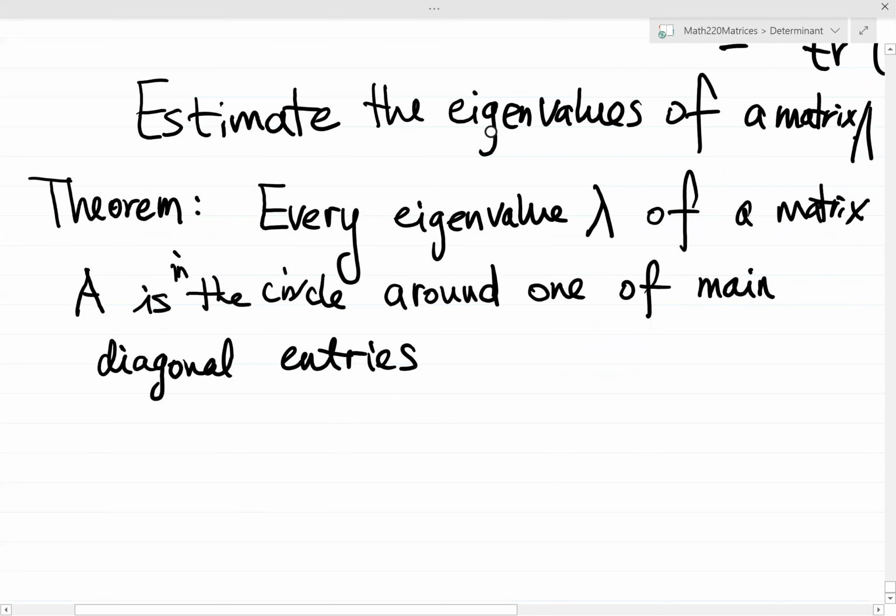So here is the circle: the norm of a_ii minus lambda. Lambda is a variable; be careful, this lambda can be a complex number, so this norm is the complex norm. If it's real, it's just a real norm.